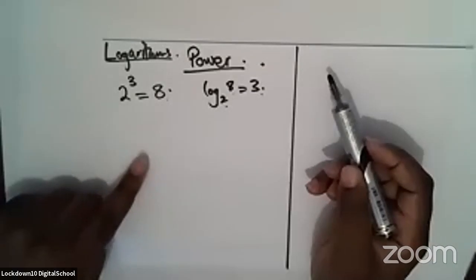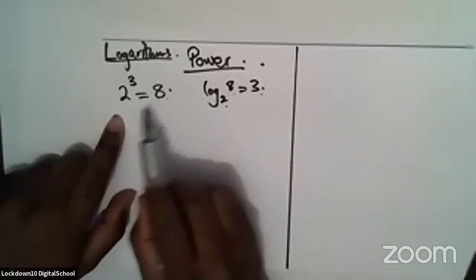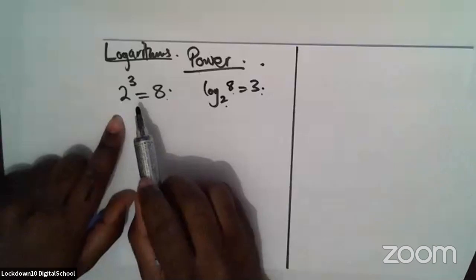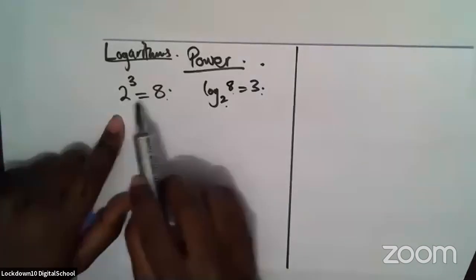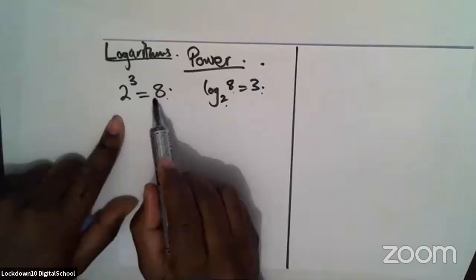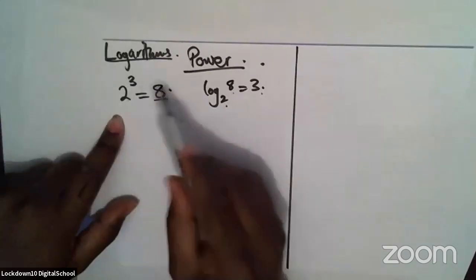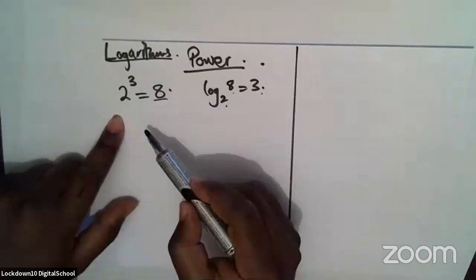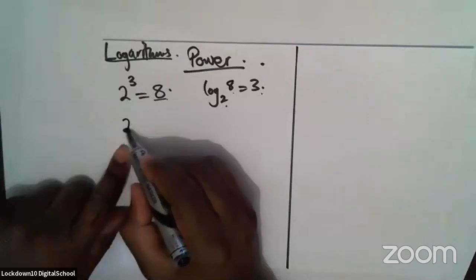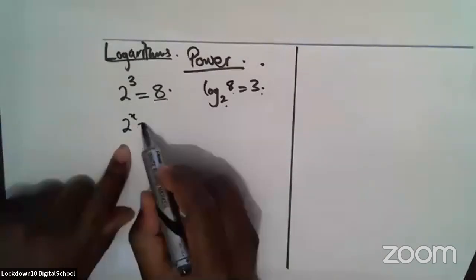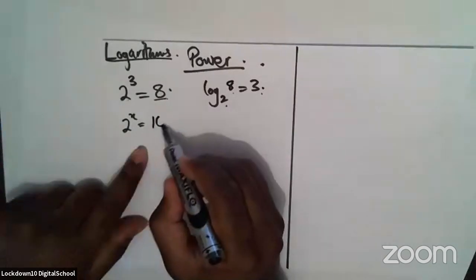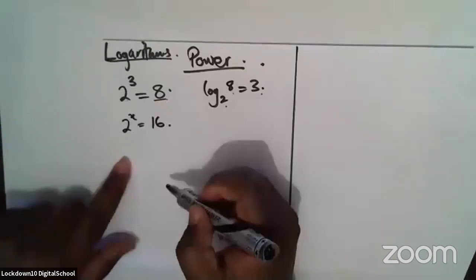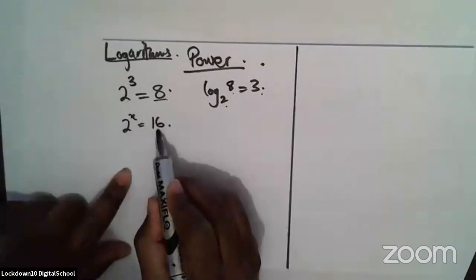Looking at it this way, it is easier to solve because I can quickly convert it to the same base. For example, if I have 2 to the power x is equal to 16, I can quickly convert 16 to base 2.